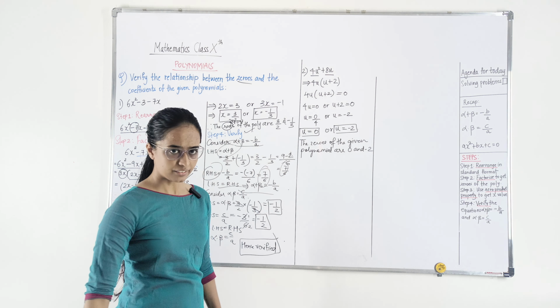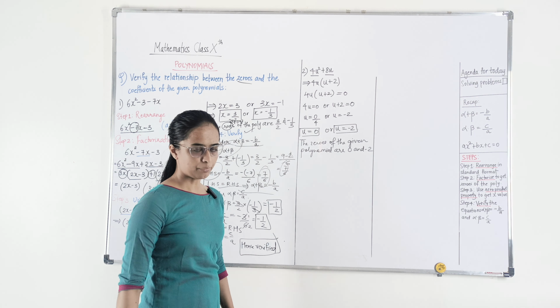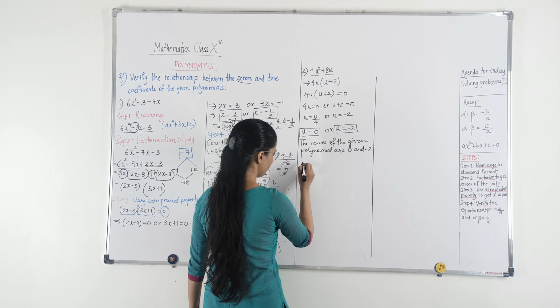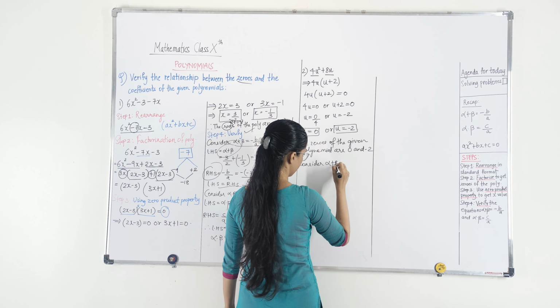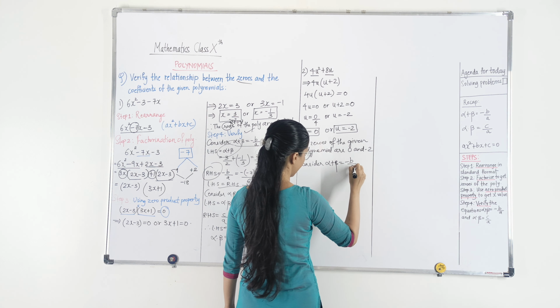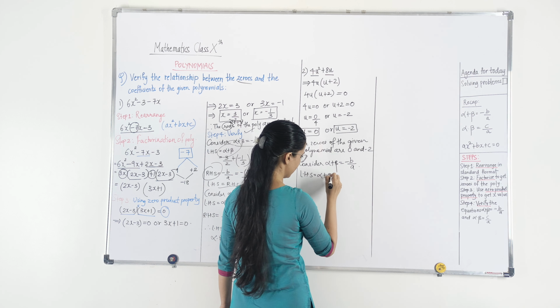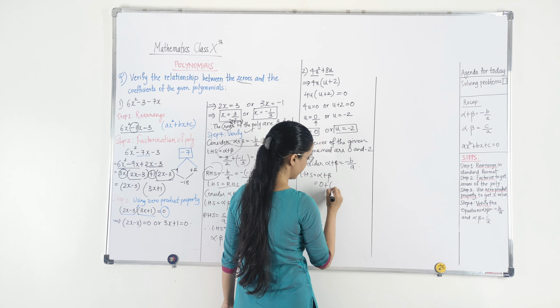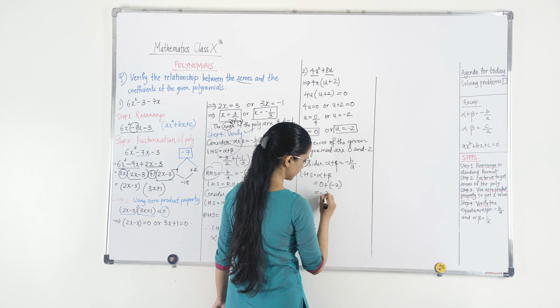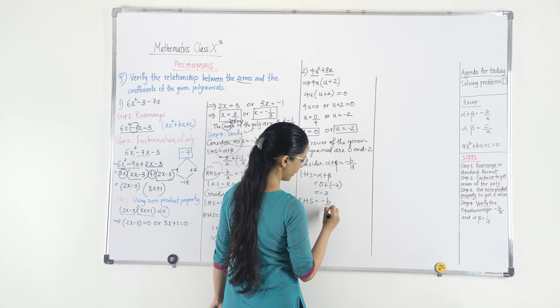So once we get the zeros, that is the values for x, now let's move on to step number 4, that is verification. So we are going to consider alpha plus beta equals minus b by a. Your LHS in this case is alpha plus beta, which is equal to 0 plus minus 2, that is minus 2. Now let's calculate RHS, which is minus b by a.